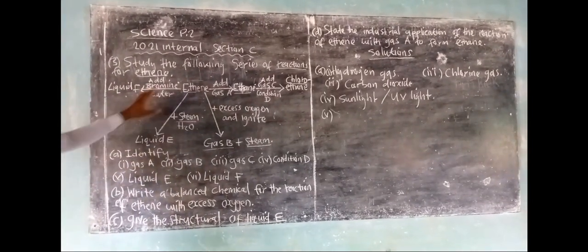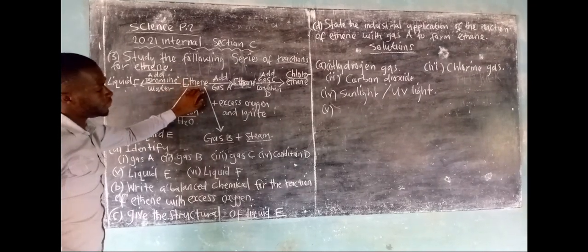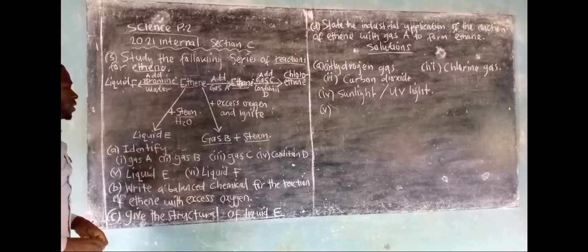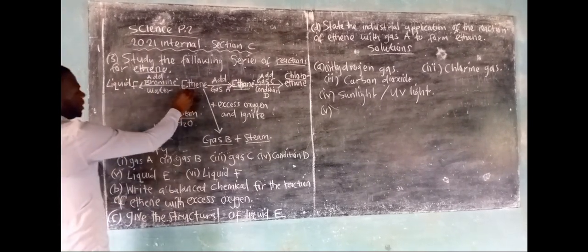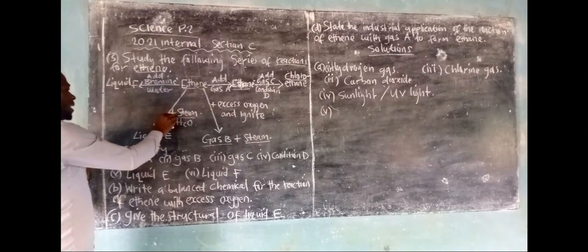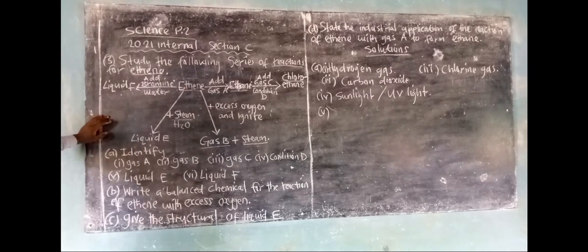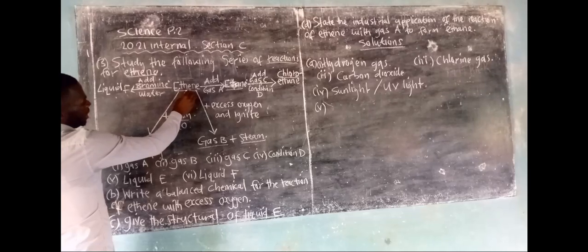Now, alkenes, where this ethene is coming from, when they react with steam, form a compound known as an alcohol. So in this case, if ethene is reacted with steam, the alcohol that will be formed is ethanol, because they have used ethene.